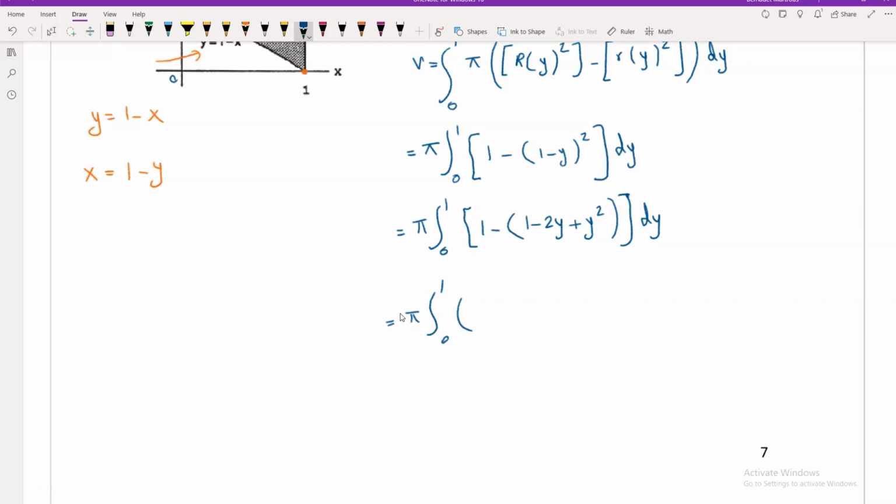Then we have negative times negative 2y, negative times positive y squared. So here we have 2y minus y squared times dy. Now finding the integral, we have pi, we have 2y, so we add 1 to the power and divide by 2. So 2y squared divided by 2. Simplify, that part is y squared.